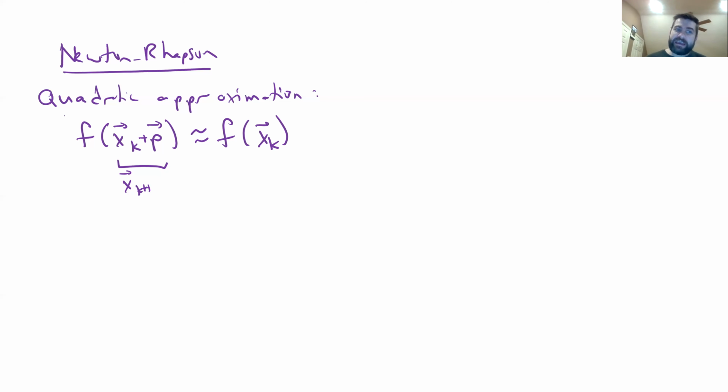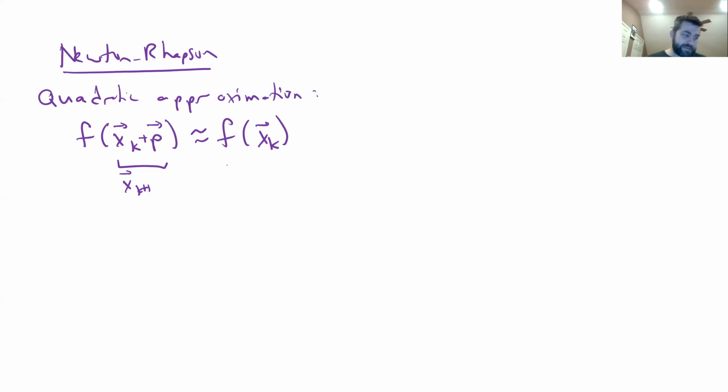We have a scalar function, energy, but the argument of that function is a vector. So we have a scalar function of a vector argument instead of a vector function of a scalar argument. The Taylor series expansion holds in both cases, but it looks a little bit different. Conceptually, it's the same, but the notation and the details are a bit different.